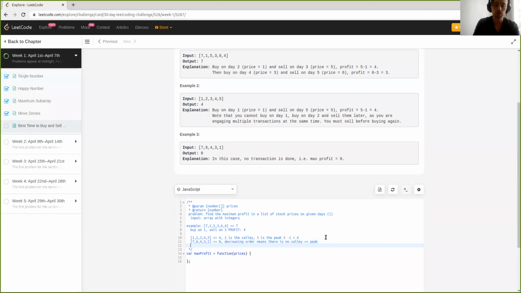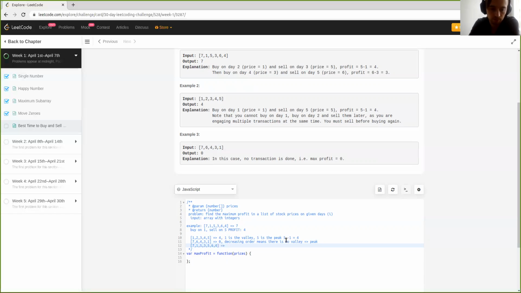Okay, and I'm going to include one more test case here because I'm noticing a pattern with at least this first one. The valley and peak happen to be directly next to each other, like 1 and 5 or 3 and 6. I want to include 7, 1, 5, 3, 5, 6, 4.